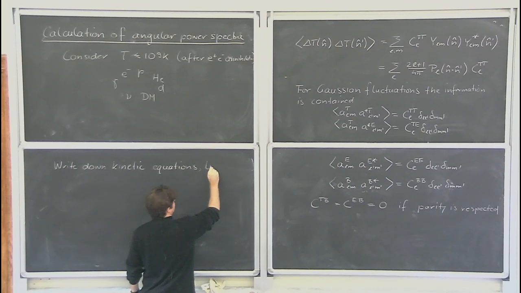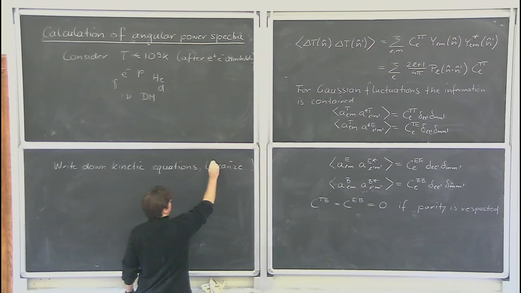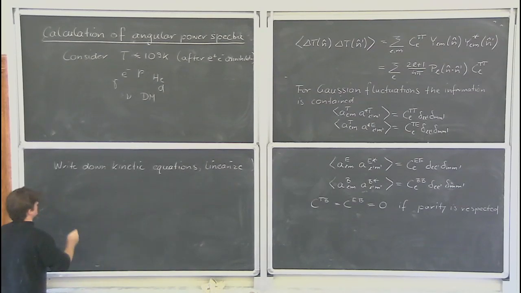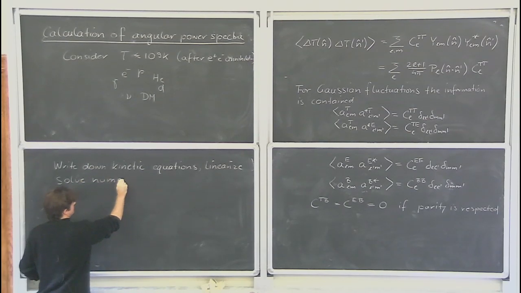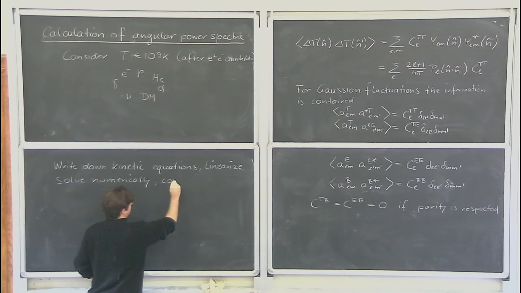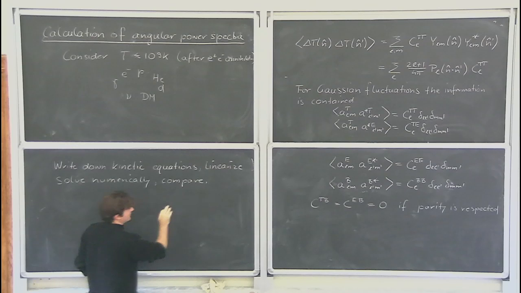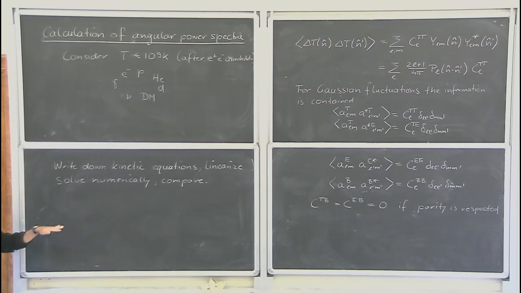Then you linearize, you solve that system of equations numerically, and compare with the data. Obviously, if that were all I'm discussing now, it would be a little bit anticlimactic.